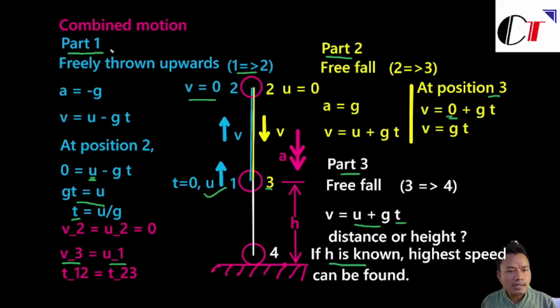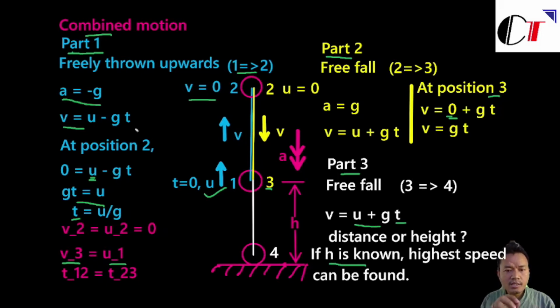So if you look at this, this is a kind of combined motion, and we will have part 1 from 1 to 2. From 1 to 2 is of course a freely thrown upwards motion, so that's very clear. And because it's decelerating, going against the pull of gravity, the acceleration will be just minus g, and of course the speed at any time is v equals u minus gt.